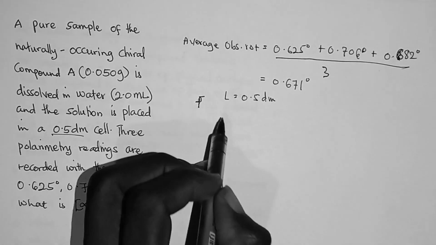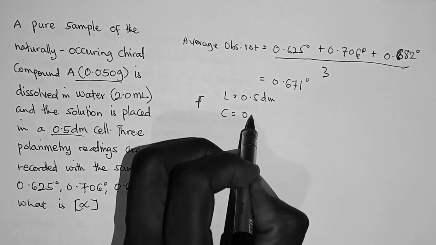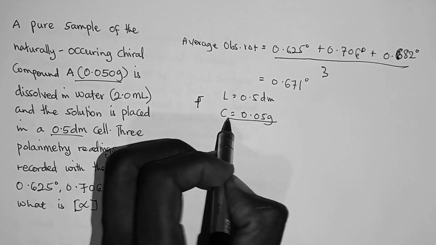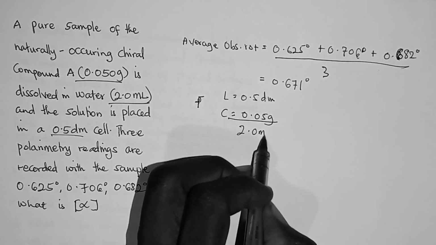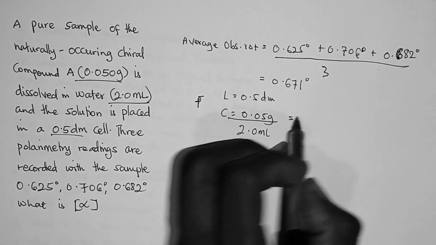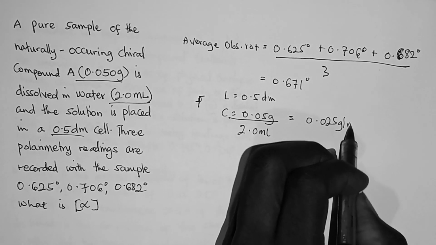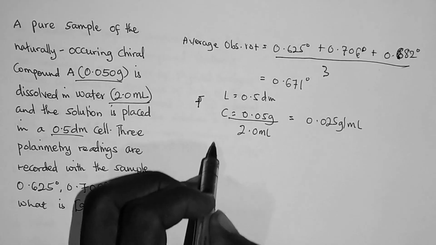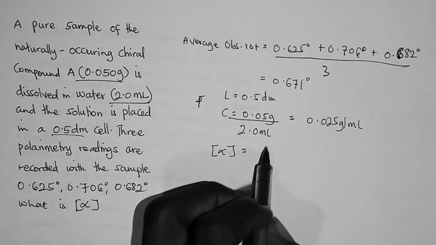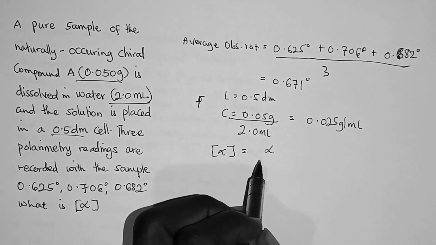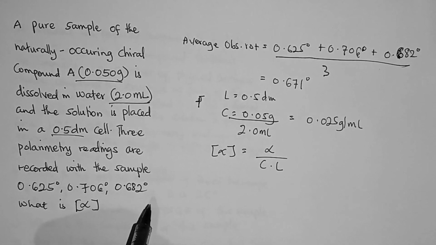And also, we can calculate the concentration because we're given the mass, which is 0.05 grams, divided by the volume. And the volume is 2.0 mL. And that is equal to 0.025 grams per mL. So the specific rotation of a sample is given as the observed rotation divided by the concentration times the path length.